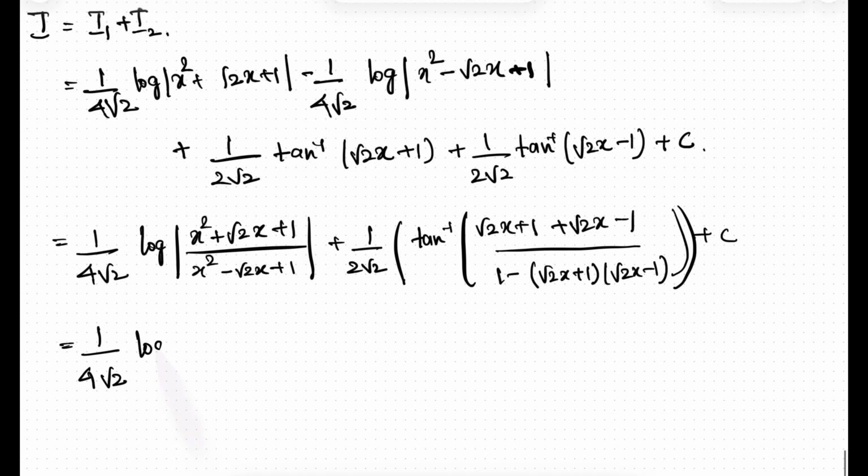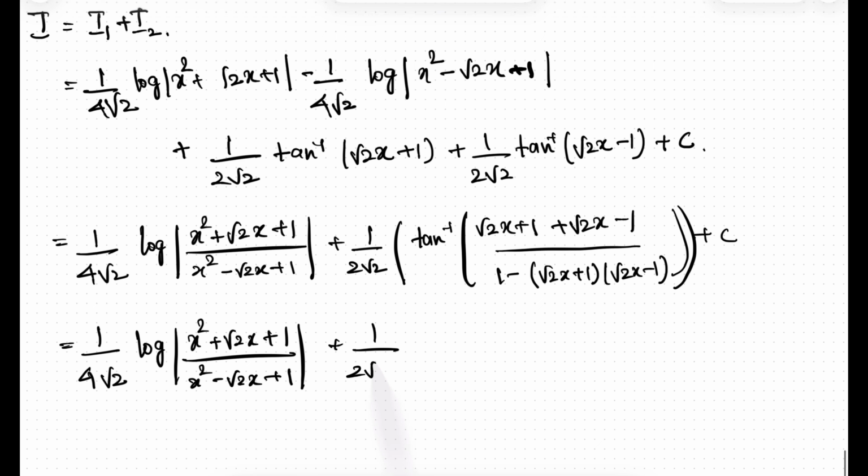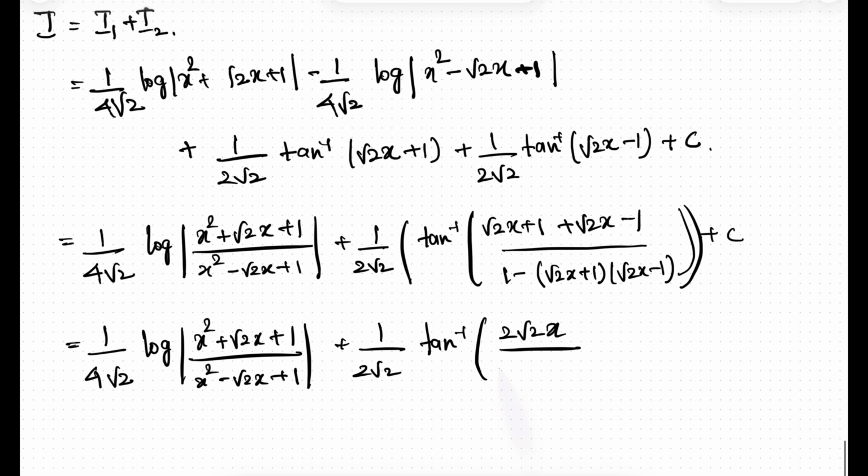So 1 by 4 root 2 log of x square plus root 2x plus 1 divided by x square minus root 2x plus 1, plus 1 by 2 root 2 tan inverse of 2 root 2x divided by 1 minus, a plus b into a minus b is given by a square minus b square, plus c.